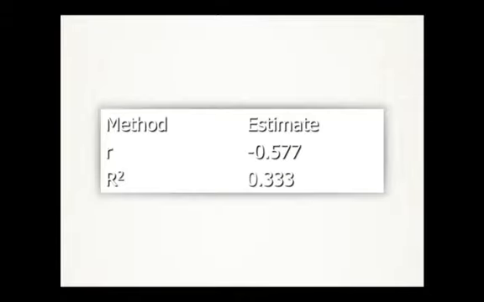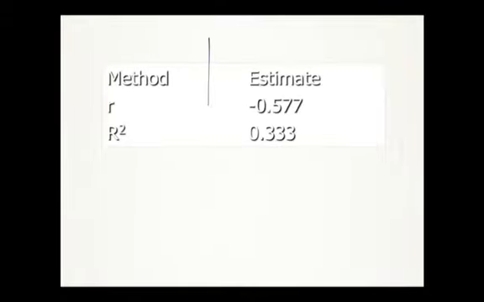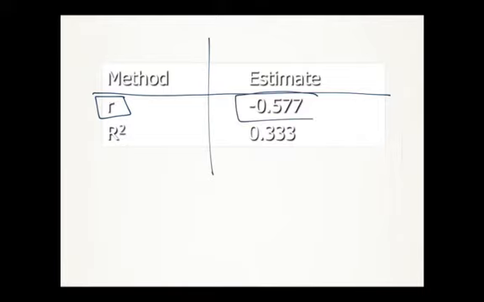So in our particular example, we had these values. Here was Pearson's correlation, -0.577, and then the R-squared value of 0.33, okay?